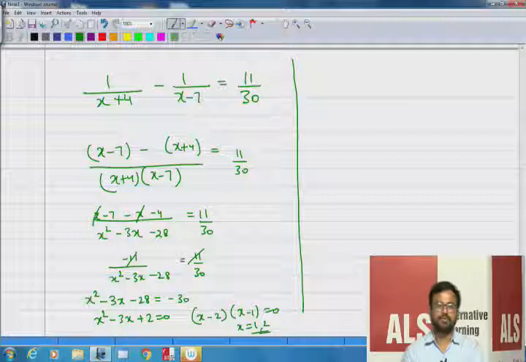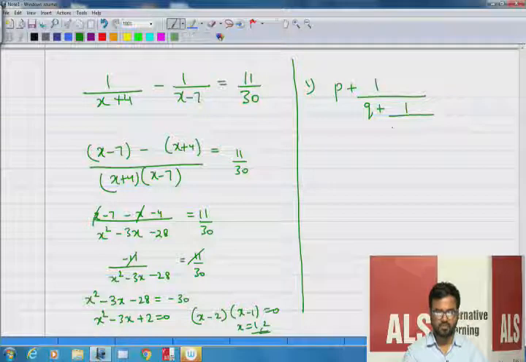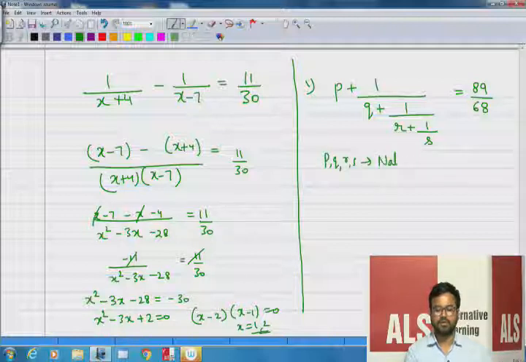Now there is one good question on equations. Try this one. The equation says p plus 1 over q plus 1 over r plus 1 over s is equal to 89 by 68. Here p, q, r and s are all natural numbers.